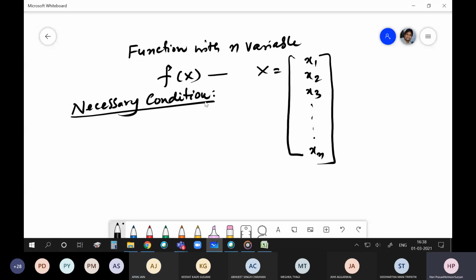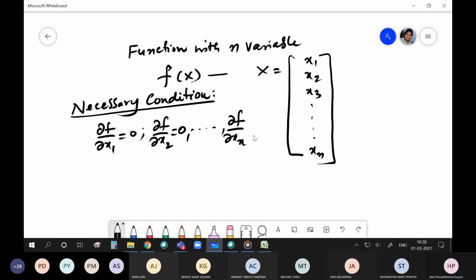Because now it's a function of more than one variable, the necessary condition will be that dou f by dou x1 is equal to 0, dou f by dou x2 is equal to 0, and so on, dou f by dou xn is equal to 0.